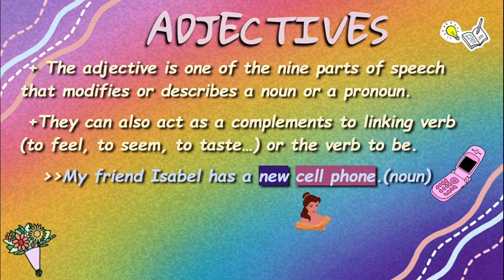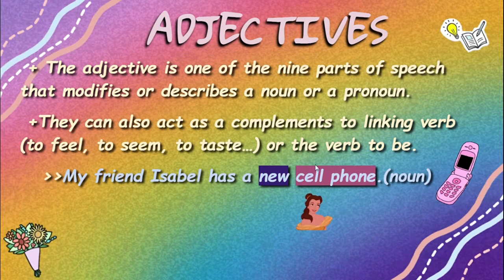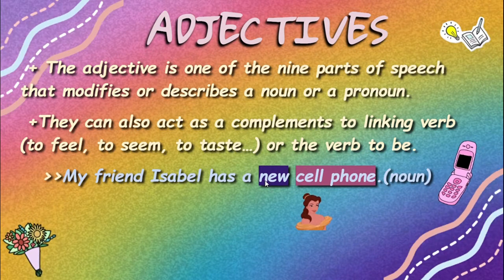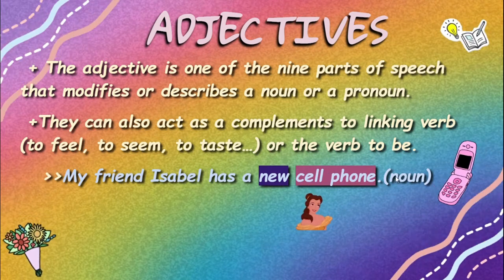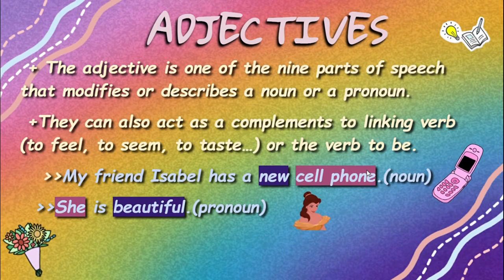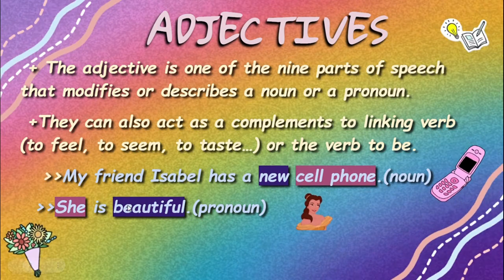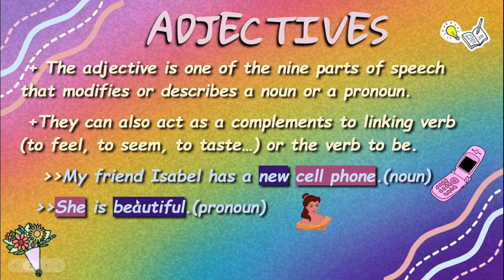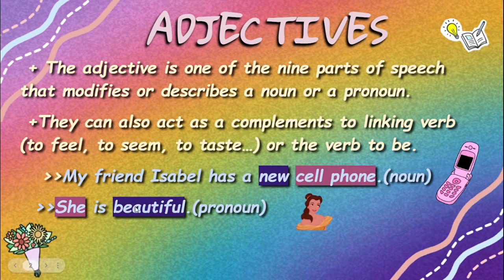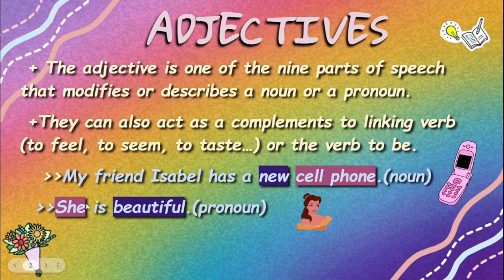My friend Isabel has a new cell phone. In this case, the adjective new modifies the noun cell phone. She is beautiful. We have the adjective beautiful that modifies she.